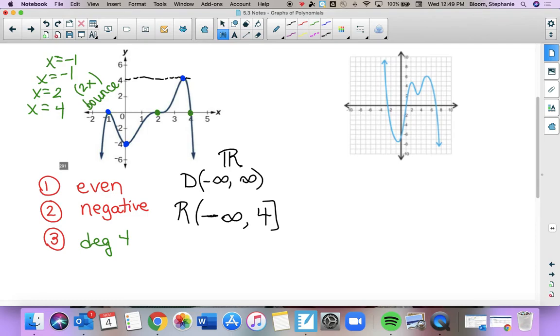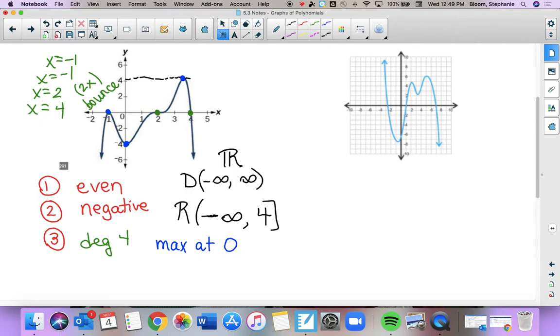Just so you're aware, when you tell me what a max or a min is, you're going to say it's a max at, and tell me the y value. So let's go over here to this one. This one would be a max. Does everybody agree with that? Max at, and what is the y value right there sitting on that x-axis? 0.